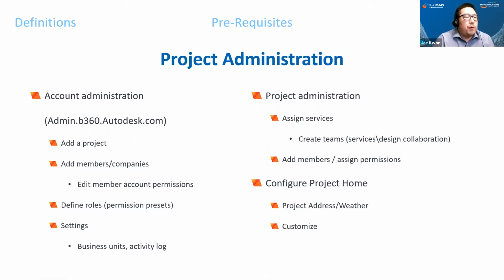Project admin is focused on the individual projects: whoever is involved in that project, what permissions they have, what services you have available for that project, and some configuration as well. So let's take a quick look at that.